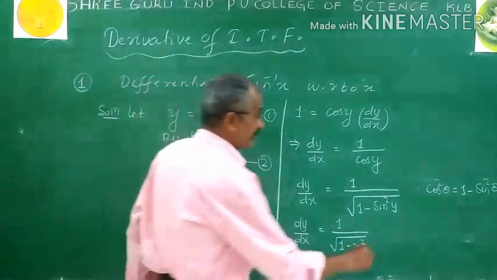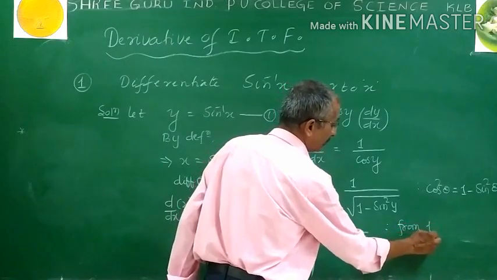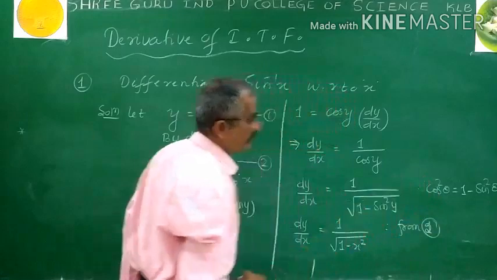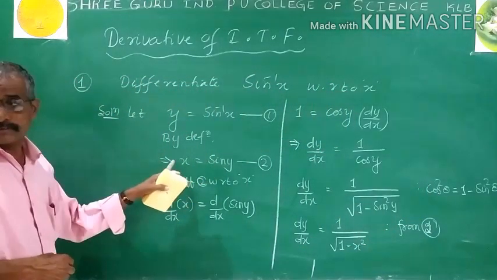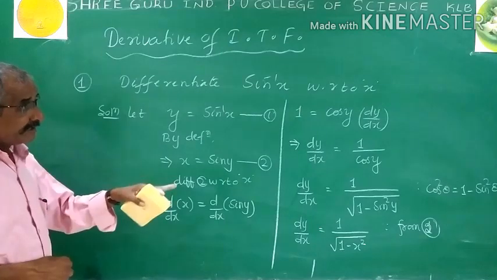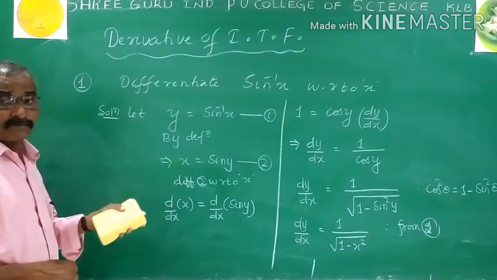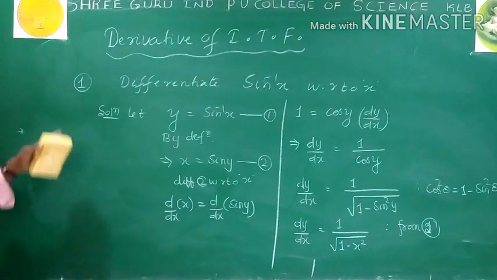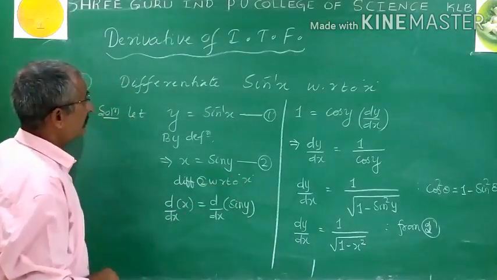Right, since from equation 2 we have sin y equals x. And what did we get? More importantly, the differentiation of the sin inverse function. So let's write the same result in formula format.